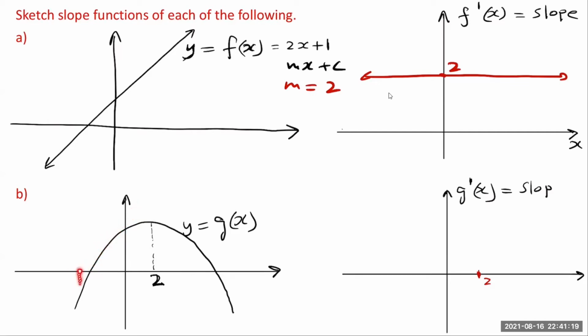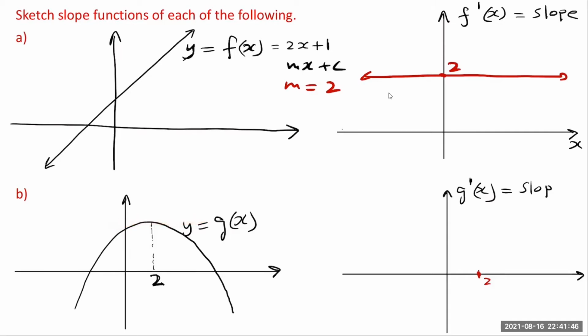For example, if you pick a point somewhere here, and you draw a tangent here, again your slope is positive. Likewise, as x approaches 2, the slope approaches 0, because at this point your tangent line is horizontal, so the slope is 0.